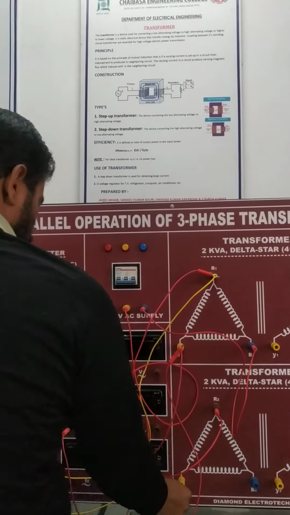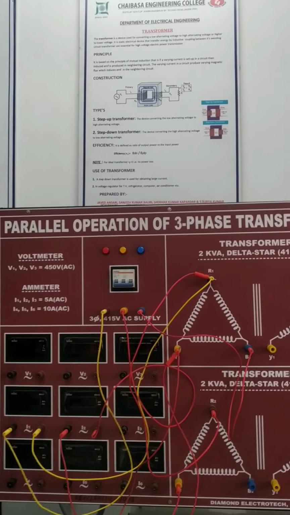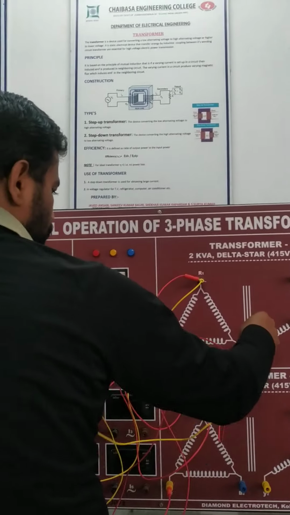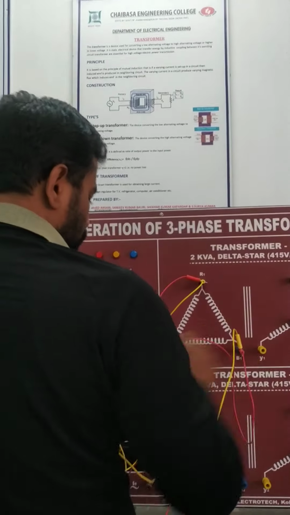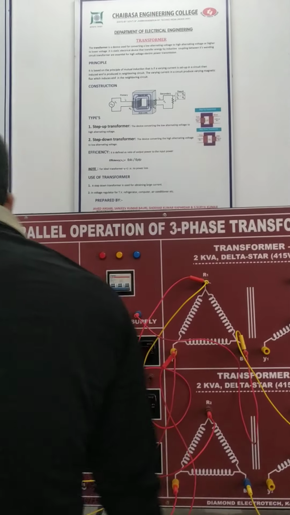So you already have the circuit diagram for the three-phase parallel operation of transformer. You may find the connections one by one on the primary side and secondary side.